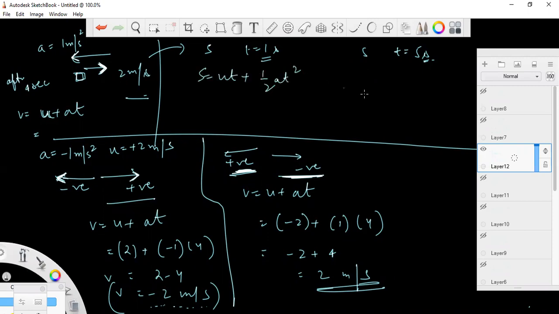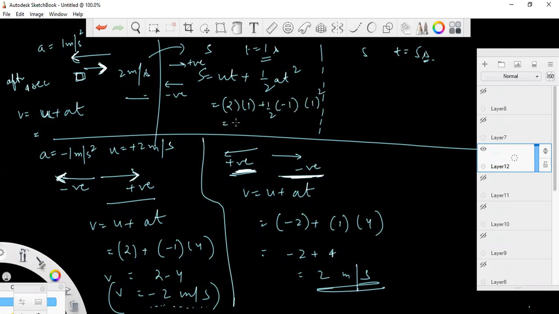This I have to use, right? For this, tell me one sign convention that I should use for the first one. You can use whatever you want. If I choose this as positive and this as negative, my U value is what? Positive 2, time is 1, A is -1, and T is 1 square.